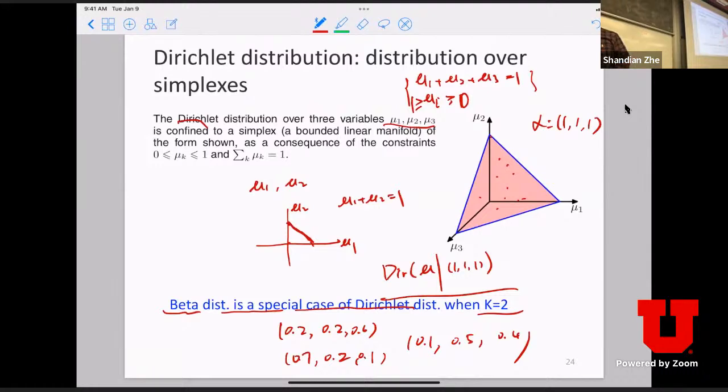And then given these probability vectors, you can sample the observed categories. Like if you want to roll a die, right?